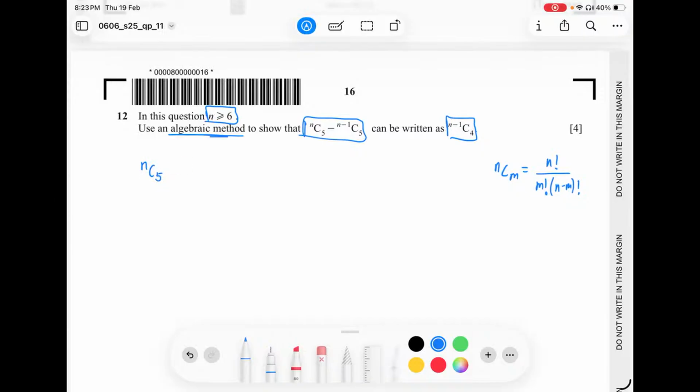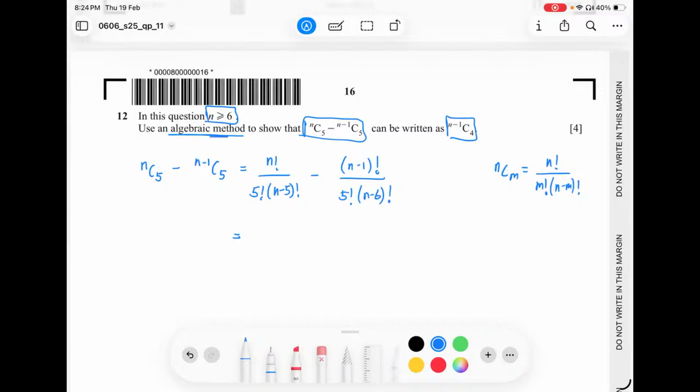n choose 5 minus n minus 1 choose 5: n factorial over 5 factorial times n minus 5 factorial, minus n minus 1 factorial over 5 factorial times, and here it's going to be n minus 1 minus 5, which gives you n minus 6 factorial.